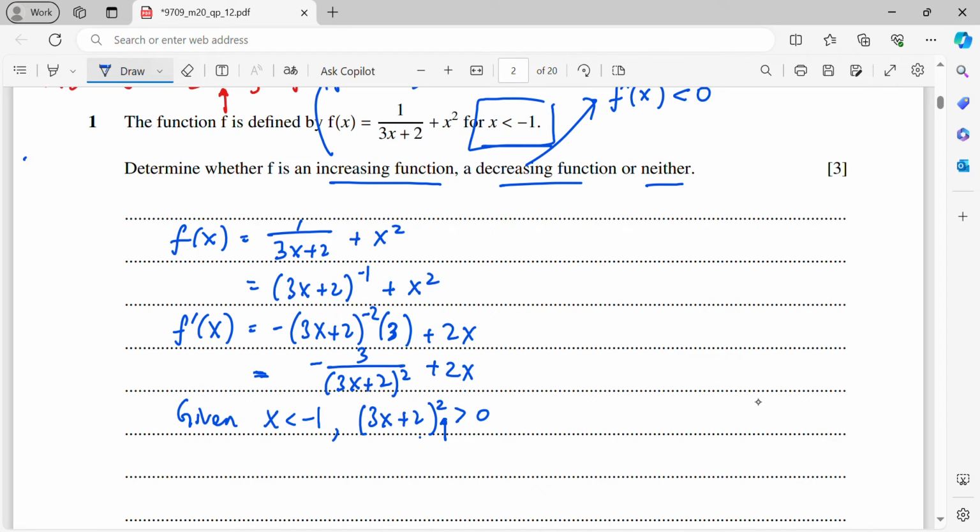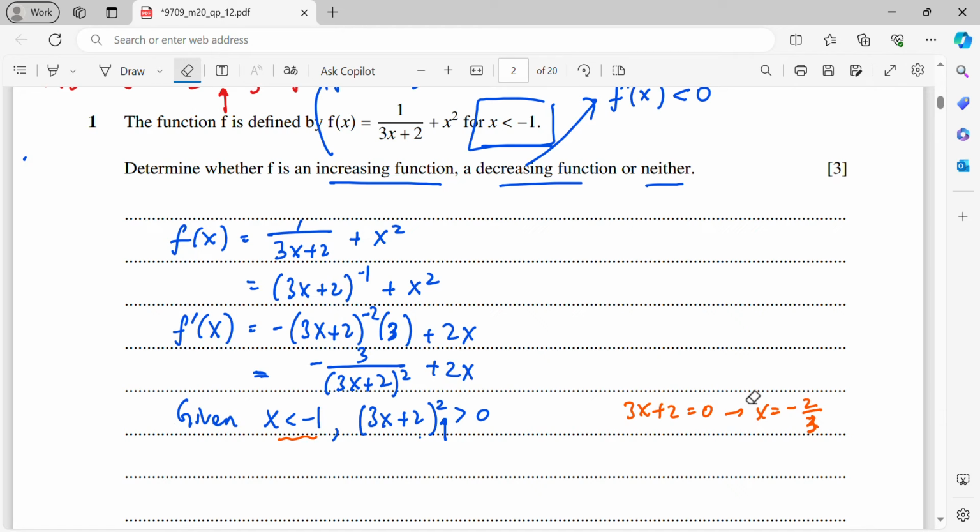Just for information, when 3x+2 is 0, your x will be negative 2 over 3. Since x is less than minus 1, you will not replace the x by negative 2 over 3. Therefore, there is no equal sign. It will not be exactly 0, that's why I will just write here greater than 0.